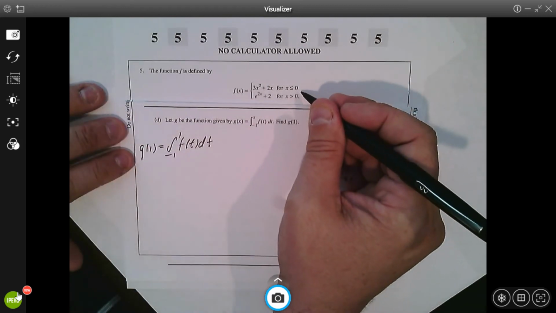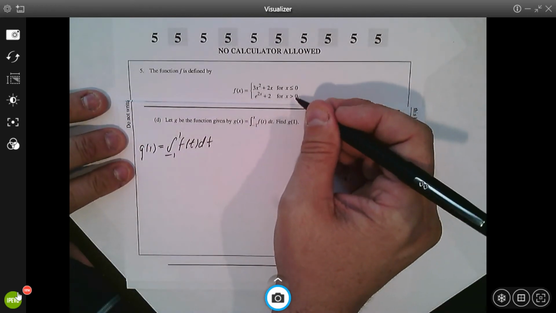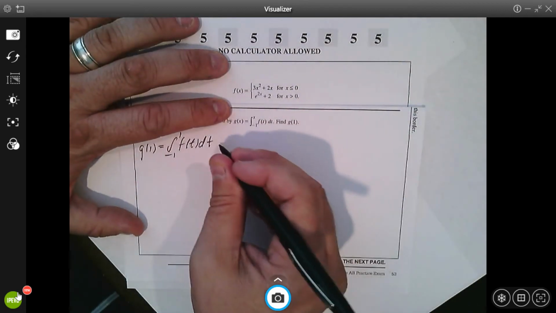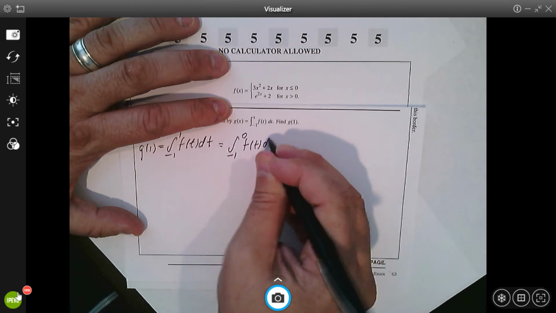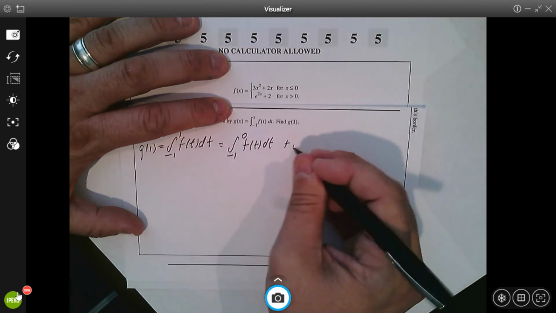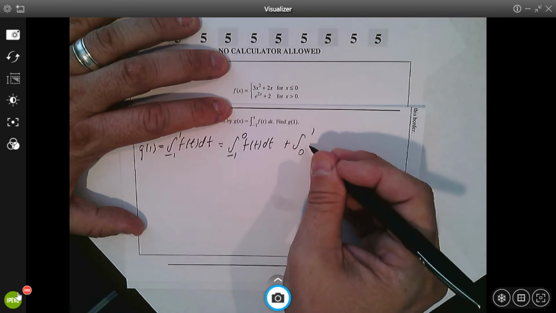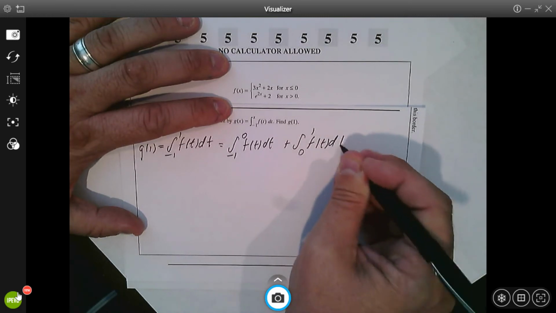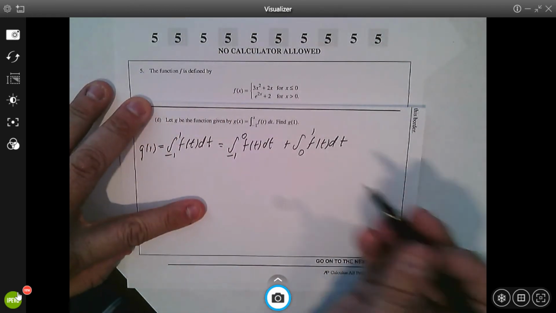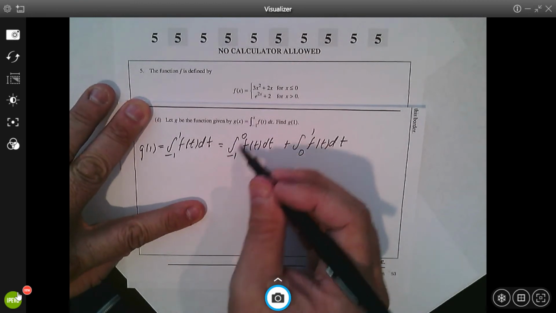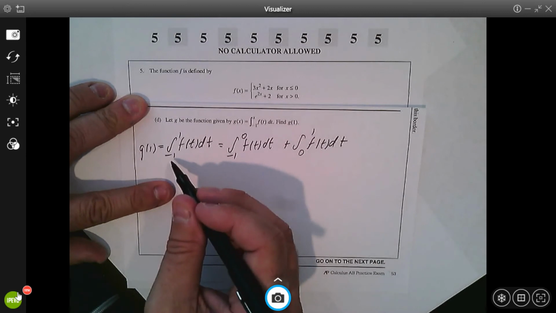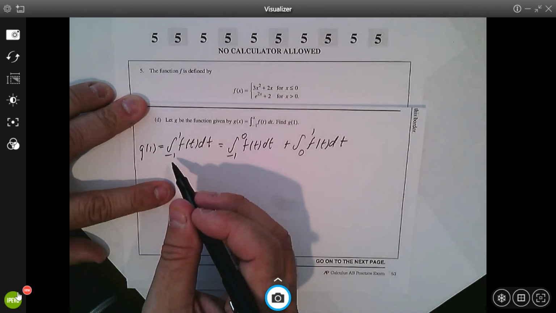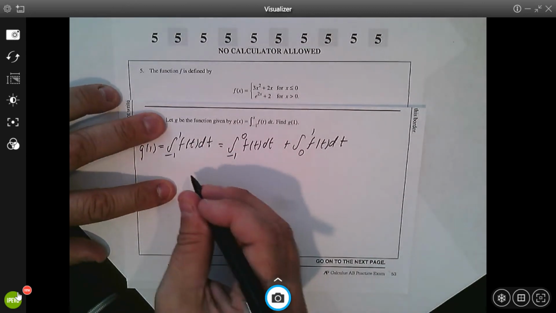Because the piecewise function is defined so that it changes at x equals 0, I'm going to rewrite this integral as an integral from -1 to 0 of f of t dt, plus another integral from 0 to 1 of f of t dt, and that's okay. This says the area from -1 to 0 plus the area from 0 to 1. That is, of course, going to give you the same answer as the area from -1 to 1.